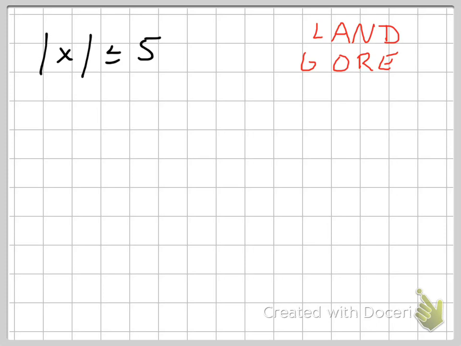So, here's what I do. I am going to break up my absolute value like we did last Thursday when we were doing absolute value equations. So we're going to break up the absolute value into x is less than or equal to 5, and then another part, x is greater than or equal to negative 5.